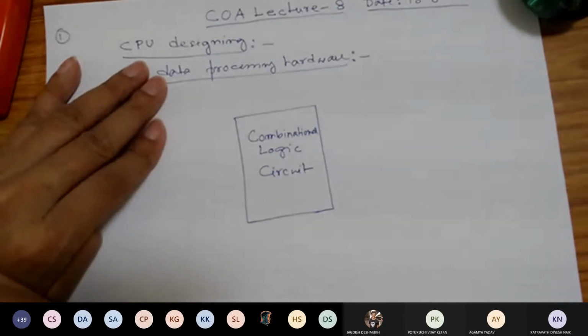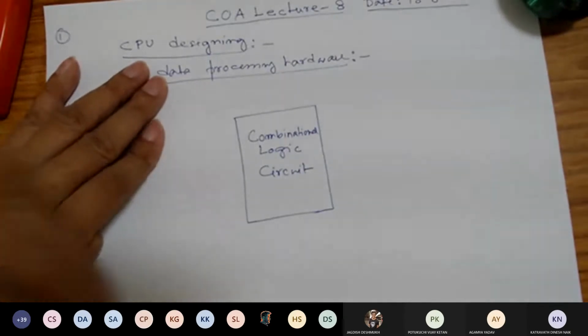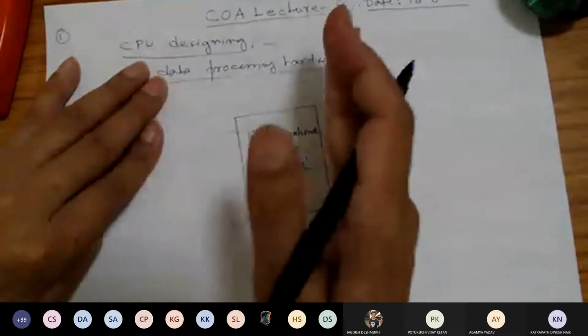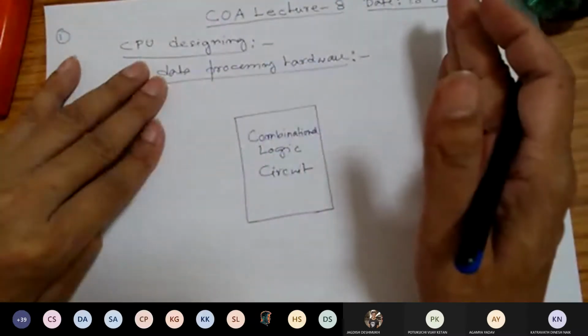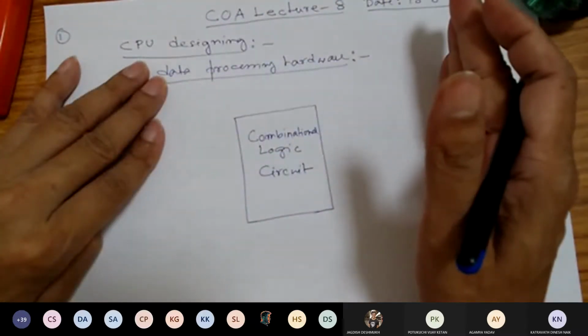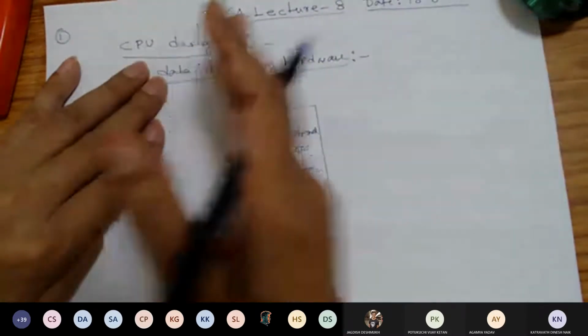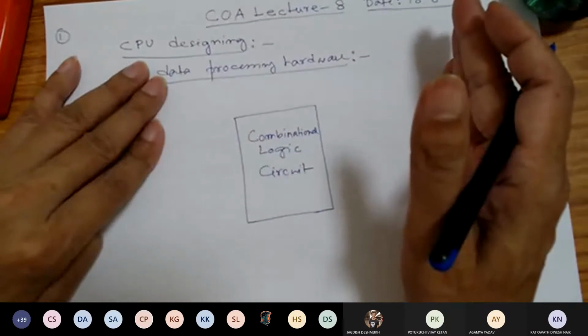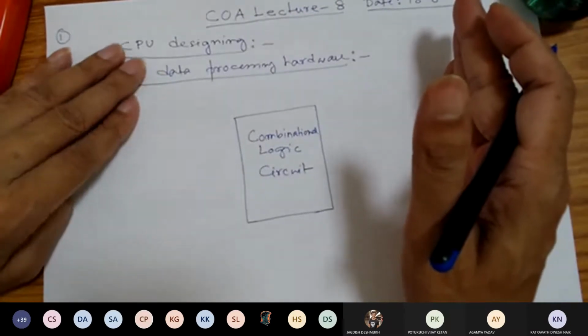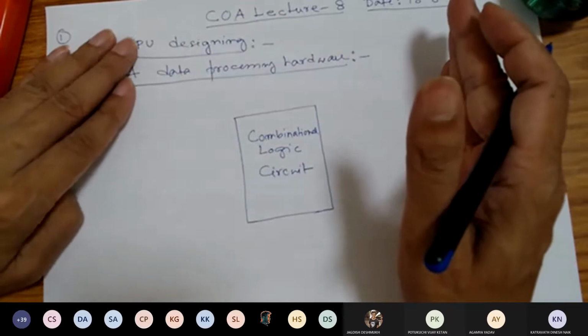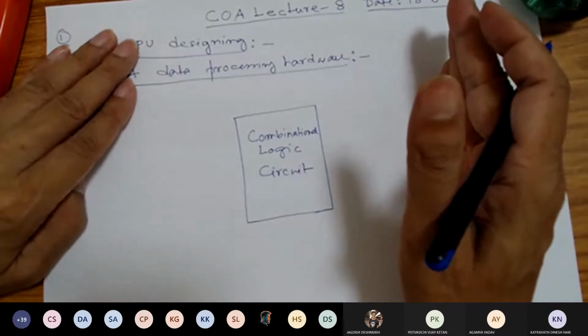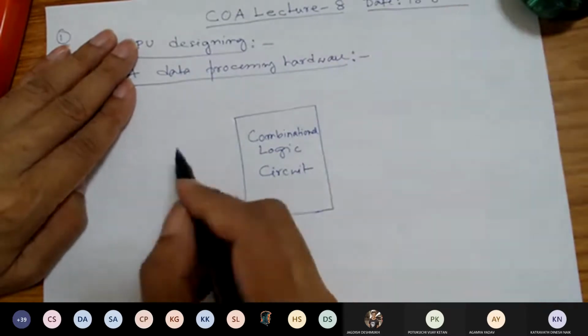So can someone tell me what should be there on the left side and what should be there on the right side? Logically, think about it. Input and output, yeah, but where will the inputs come from? Registers, yeah, registers, right.